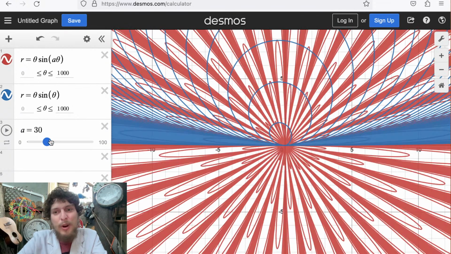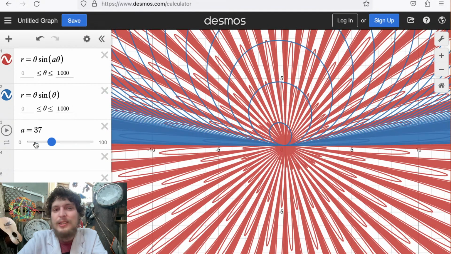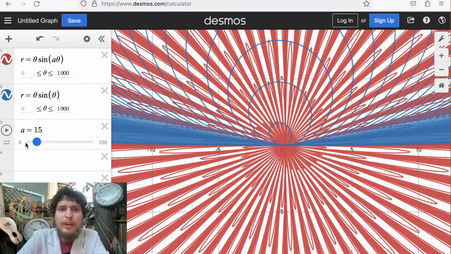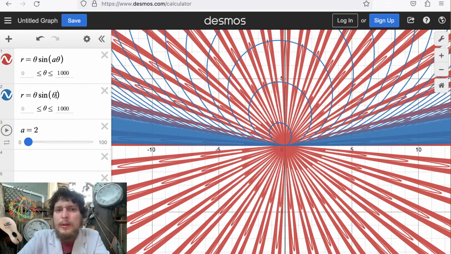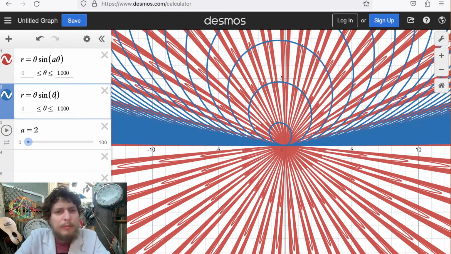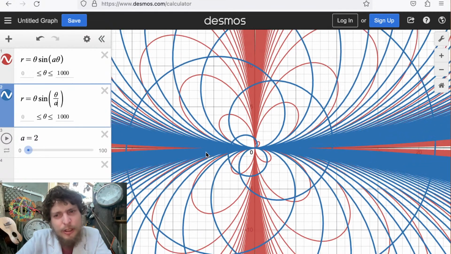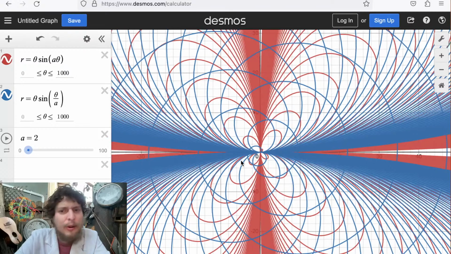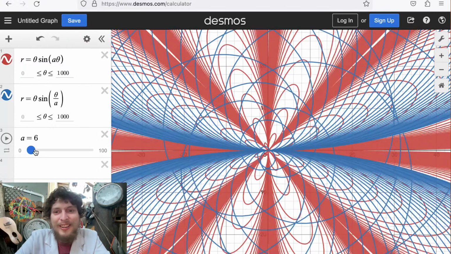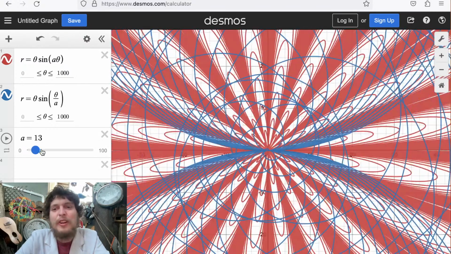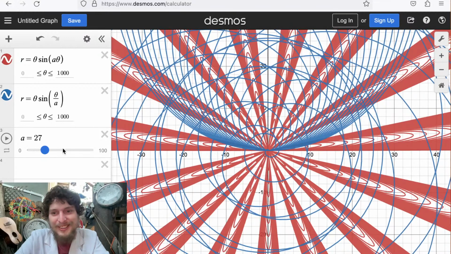Already interesting, but one of them stayed still because A isn't changing it. So we could, for example, put theta over A. What if we put a division and say that this one is multiplying by A in there, and this one's dividing by A in there? What will that cause? Well, that will certainly cause some very wacky behavior.